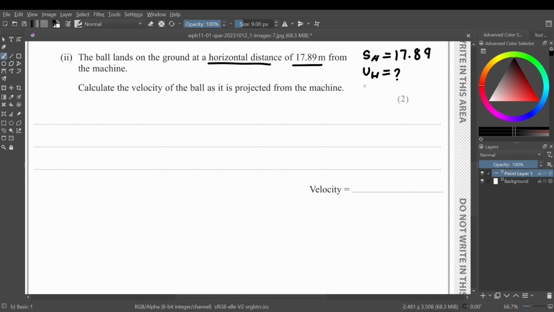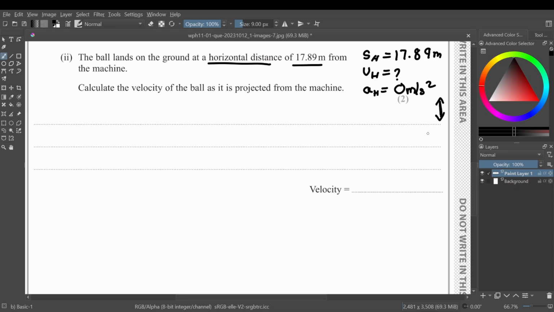And we have horizontal acceleration, which is actually 0 meter per second square. Why 0 meter per second square and not 9.81 meter per second square? Because the 9.81 was for only the vertical component, right? For only the vertical component we consider that gravity is acting on the ball.